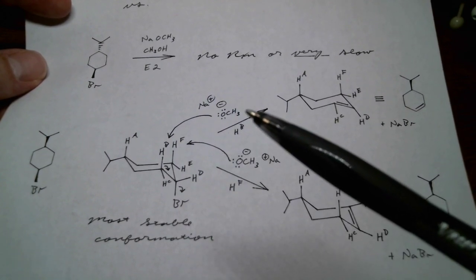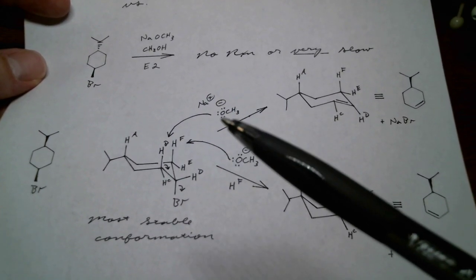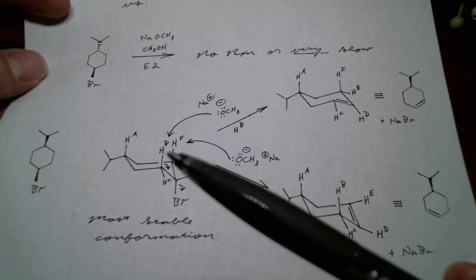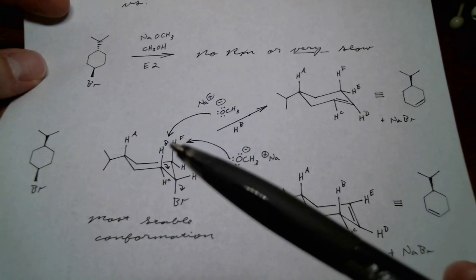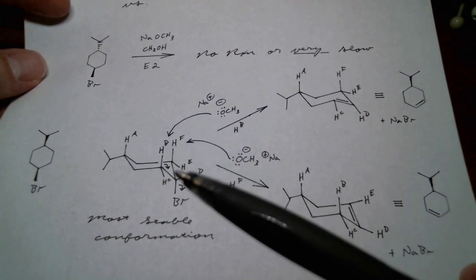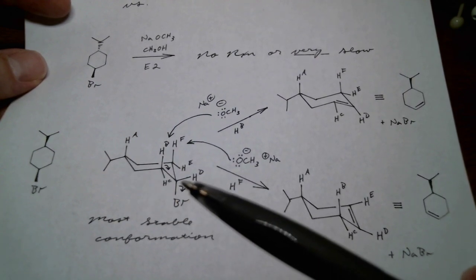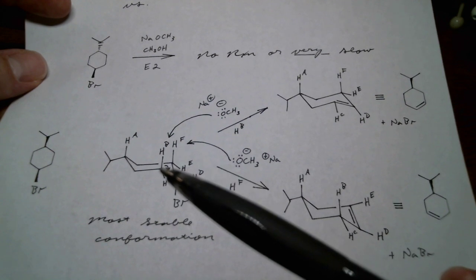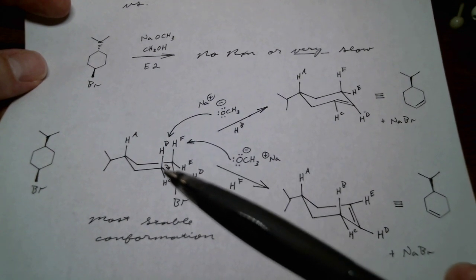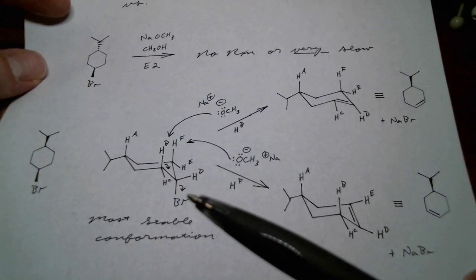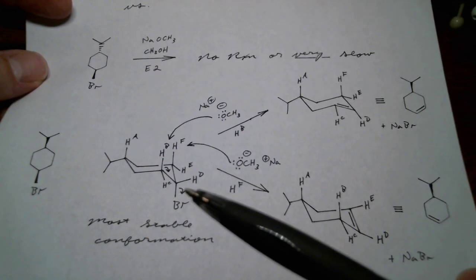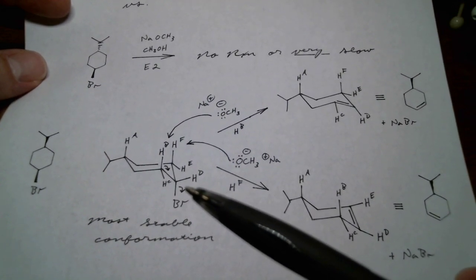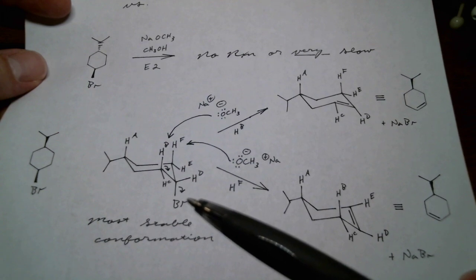So if our methoxide plucks off this H that's labeled HB on our cyclohexane ring, we give our electrons there to form a double bond between this carbon-carbon bond in the cyclohexane ring, and we kick out bromide.